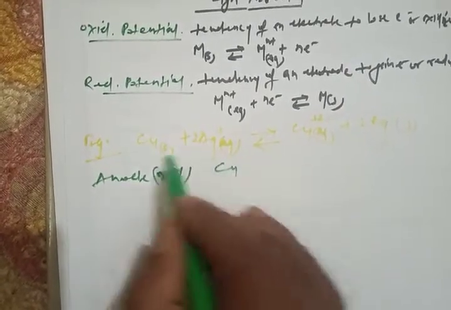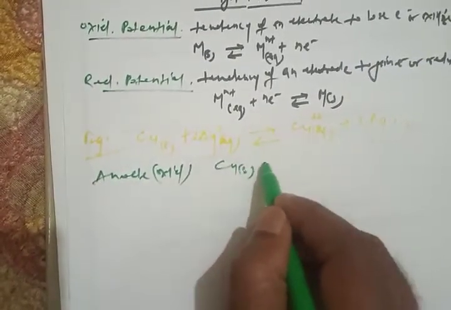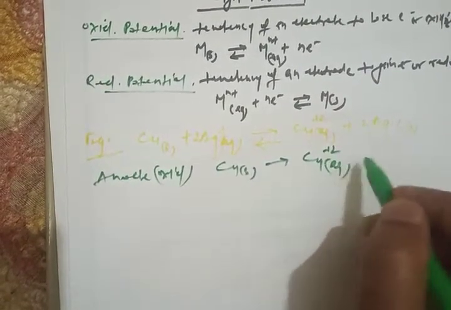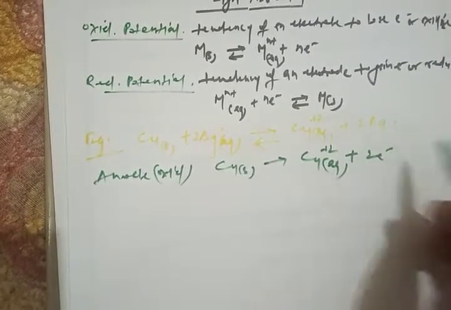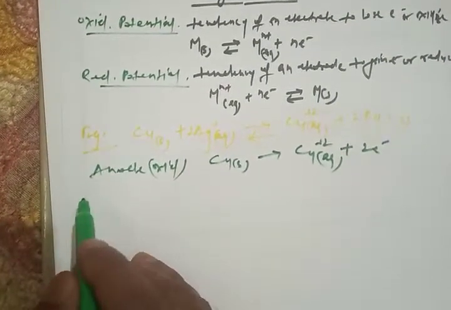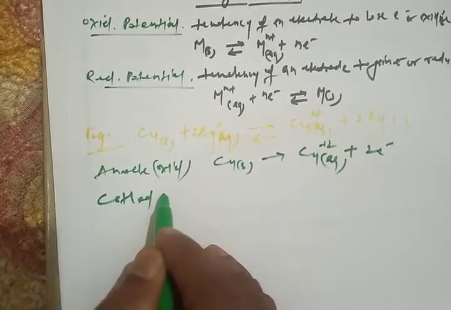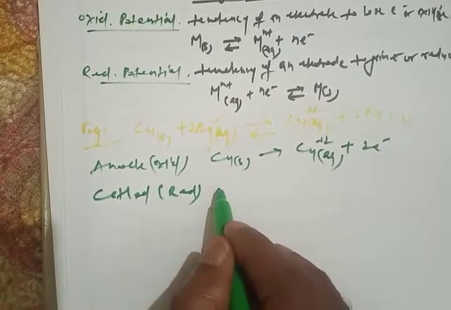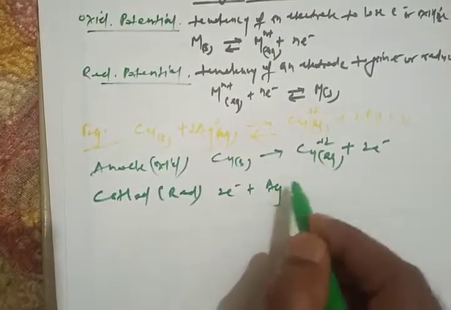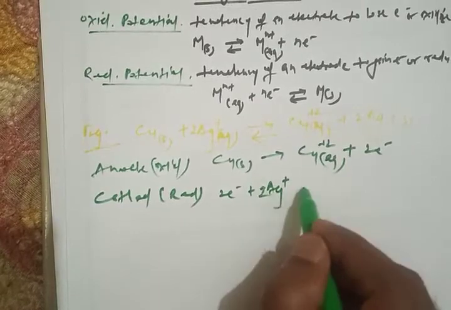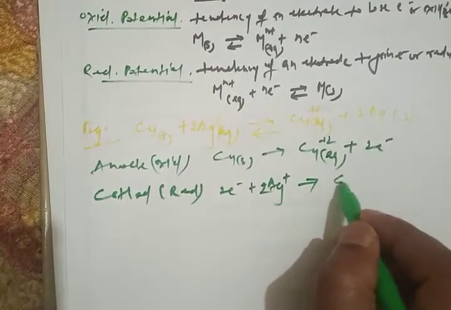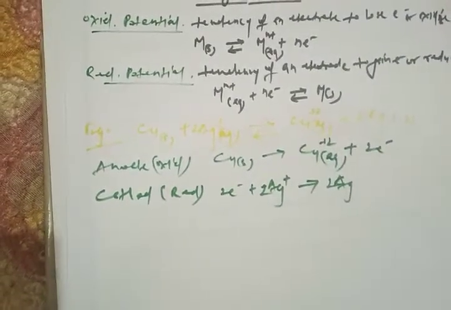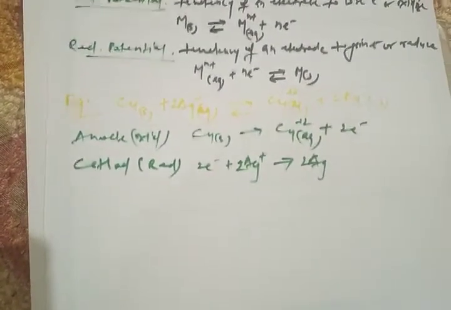Here copper is oxidizing into Cu2+ in aqueous medium with release of 2 electrons, and at cathode reduction takes place. So these 2 electrons are gained by silver ions, Ag+ twice, and this will give you 2 Ag. So this is how these 2 half cell reactions are written.